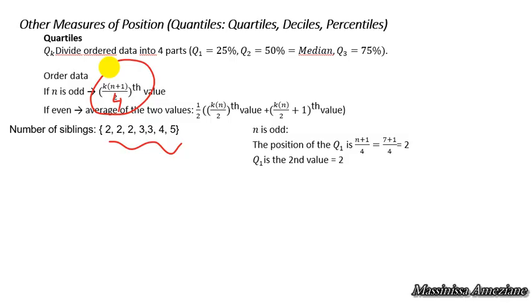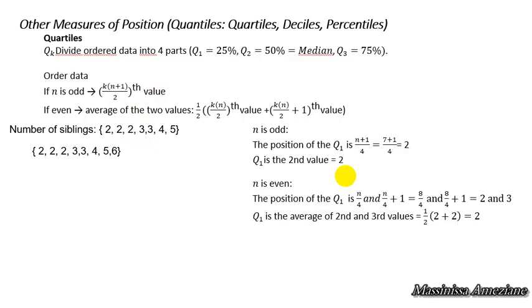Since it is Q1, K is 1. So it is n plus 1 divided by 4. 7 plus 1 divided by 4 is 2. So the position of Q1 is 2, and we check here the second position. So here Q1 is 2.